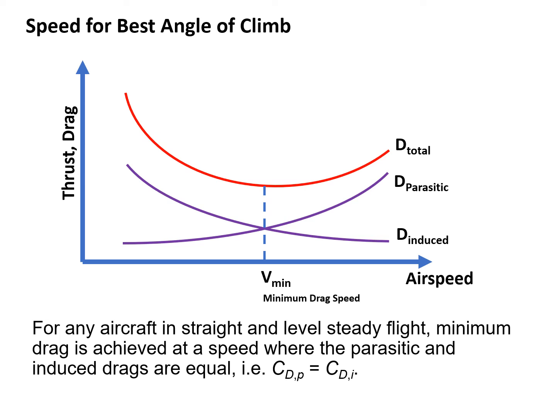At that specific point where the parasitic drag and induced drag cross, the total drag, that's the addition of the parasitic drag and the induced drag, is at its minimum. For that airspeed, we call it the minimum drag speed. So for any aircraft in straight and level steady flight, minimum drag is achieved at a speed where the parasitic and induced drag are equal.